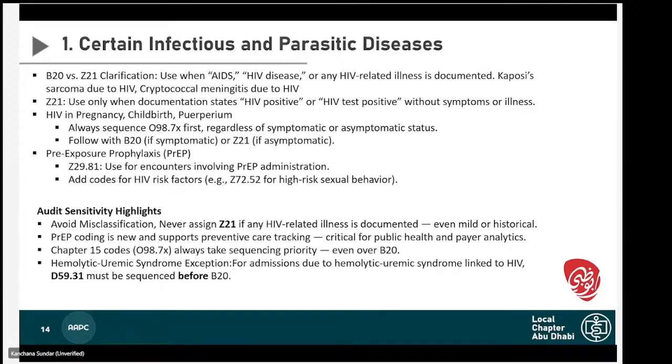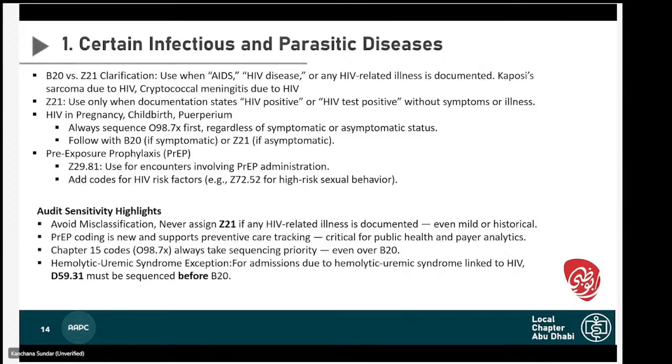You see Kaposi's sarcoma, very common with HIV patients, and cryptococcal meningitis. These are not the only 2, there is a whole list of diseases which commonly occur with HIV disease, which is very easily available in CMS. It is advisable to take a look at that list.